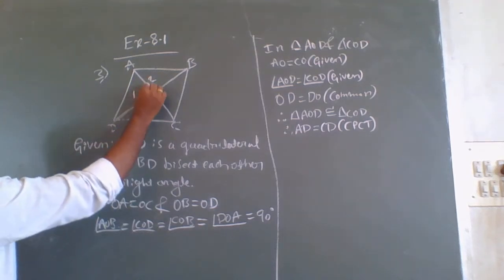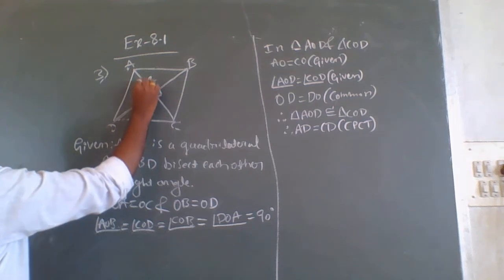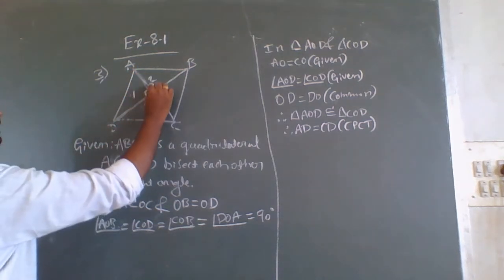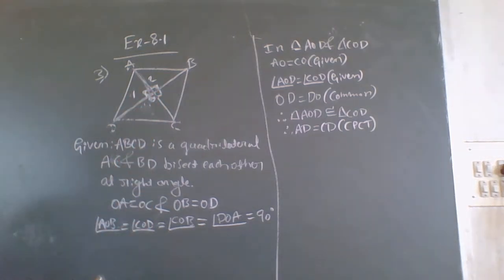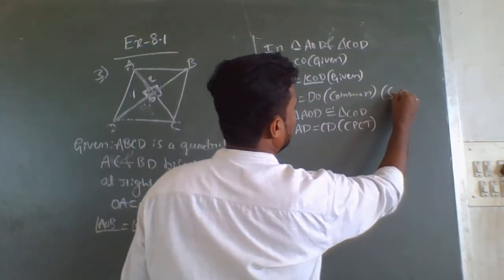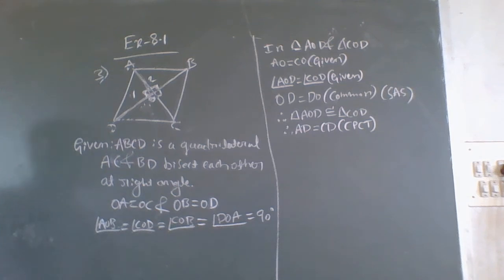Again, this side is common, and these two angles are equal, and this side is common. Therefore, by side angle side, these two triangles are also congruent. Therefore, again, what can we prove? AD is equal to AB.